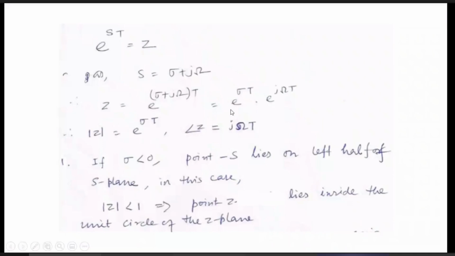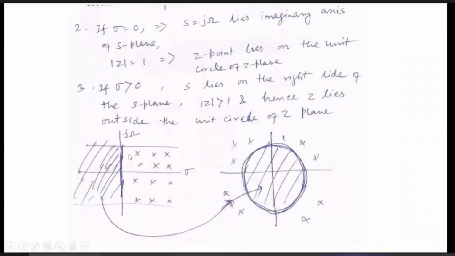So this representation of z can be compared with the frequency variable, capital omega, a real magnitude and a phase part. So the magnitude is e to the power sigma t, and the phase part is j omega t. If sigma is less than 0, that means the left half S plane, if you see the S plane.